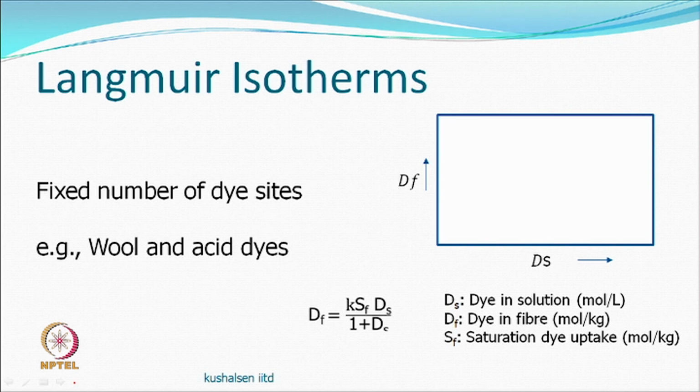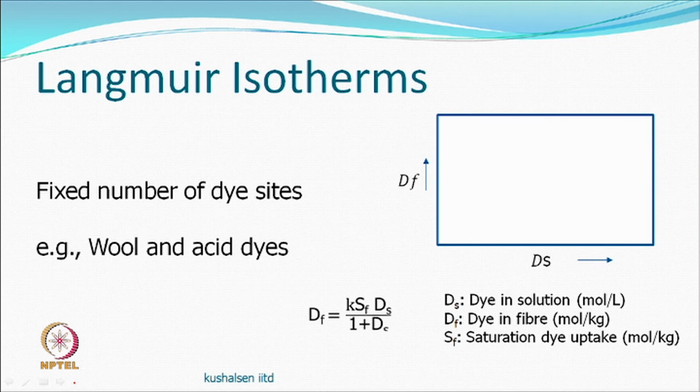So, at a constant temperature, at an equilibrium position, how much dye is likely to be in the solution and how much dye is likely to be on the fiber. Remember, this is an equilibrium reaction. This particular isotherm, Langmuir, believes that there are sites available on the fiber where the dye is going to go.